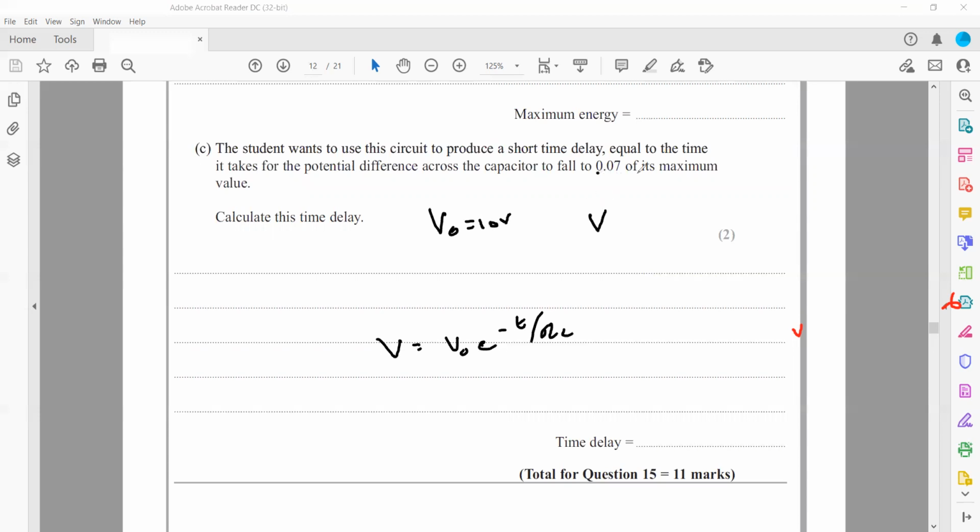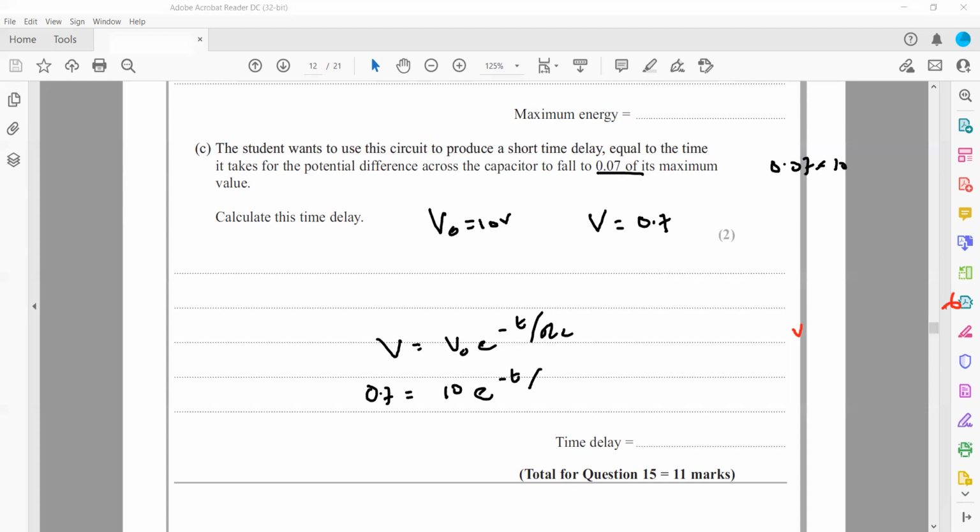What about V? 0.07 of its maximum, so 0.07 into 10, and we get 0.7. So V is equal to 0.7. So this is 0.7, this one is 10 e raised to the power minus T over R and C.